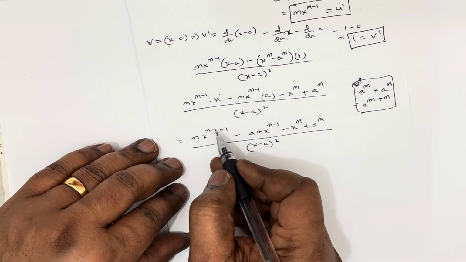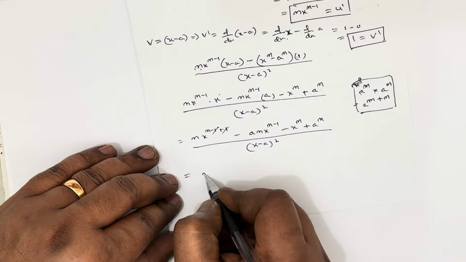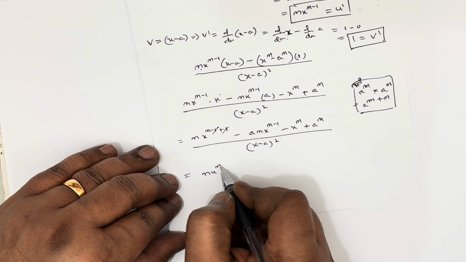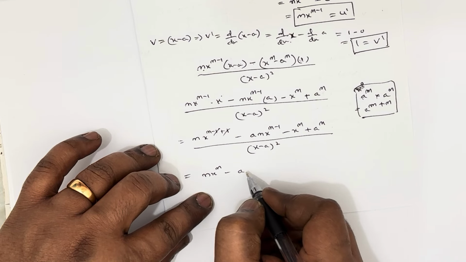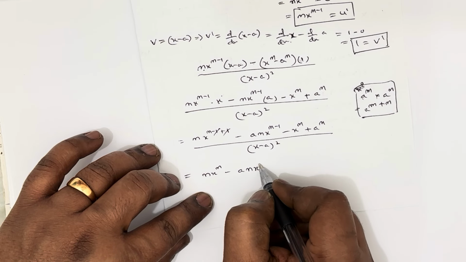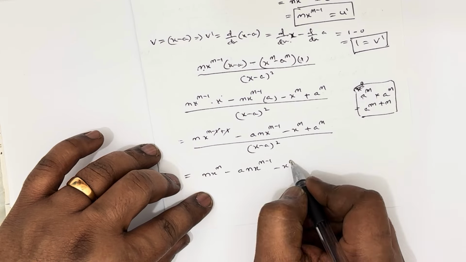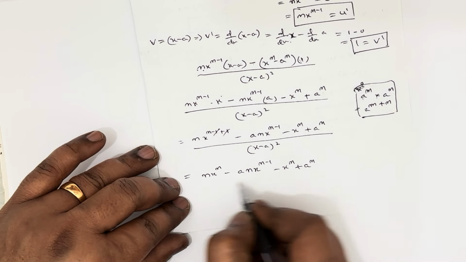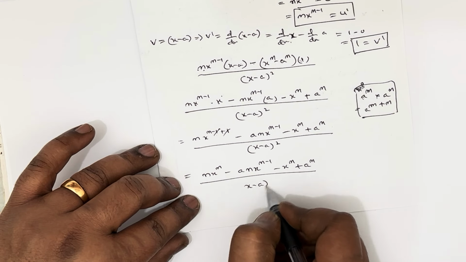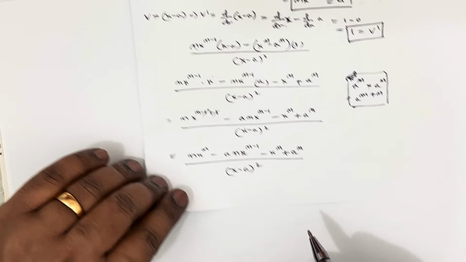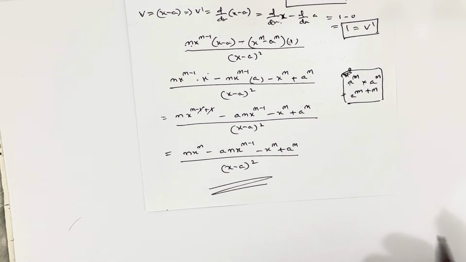So this minus 1 and positive 1, these both get cancelled. You have n x raised to n, minus a n x raised to n minus 1 minus x raised to n plus a raised to n upon x minus a whole square. This is it. That's it.